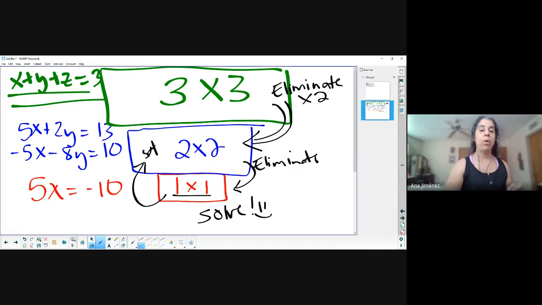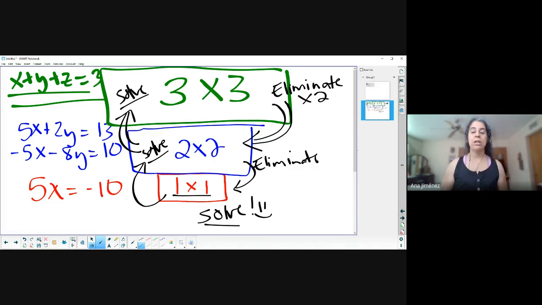Once you solve again, then you're going to take both of those and you're going to plug them into the 3x3s and solve for that last variable. So you're going to solve once for one variable, once for another variable, three times for three unknowns. So that's kind of like the upside down pyramid method that I visualize when I see a 3x3.